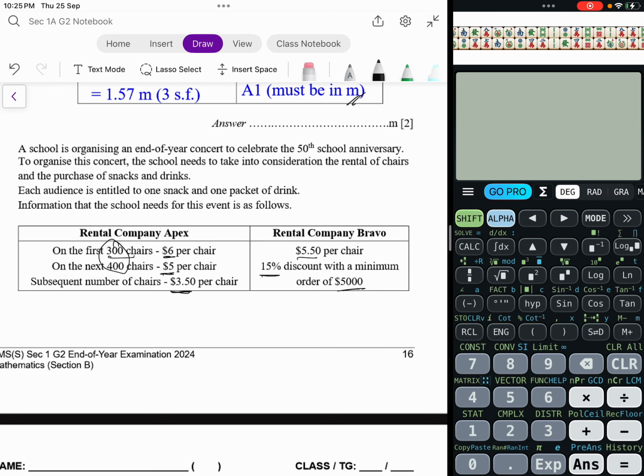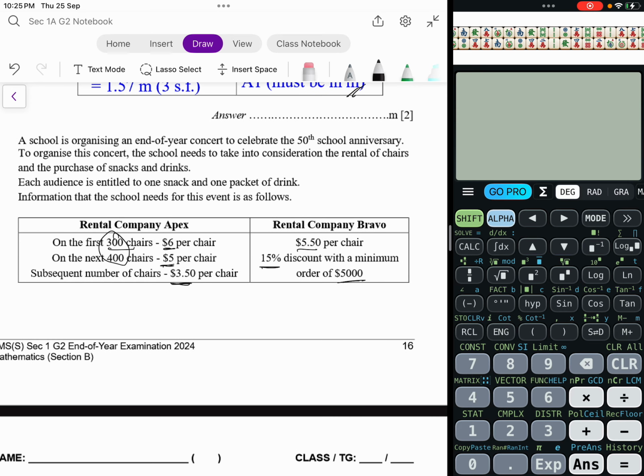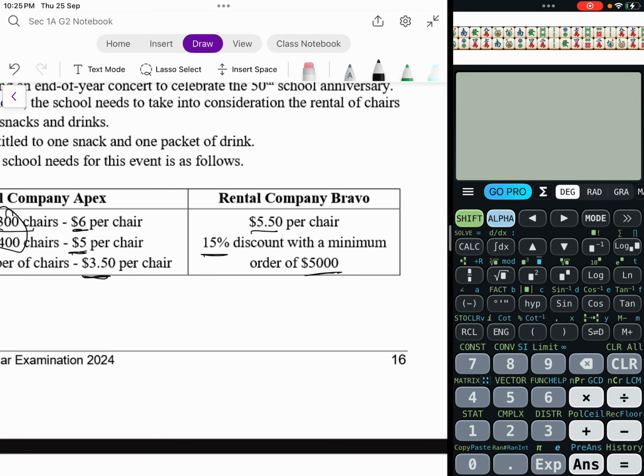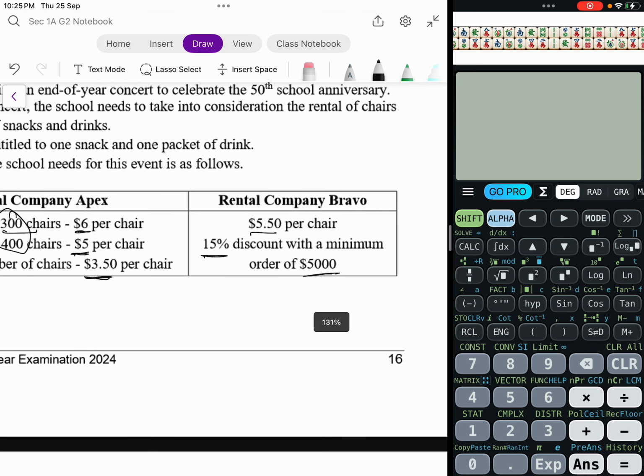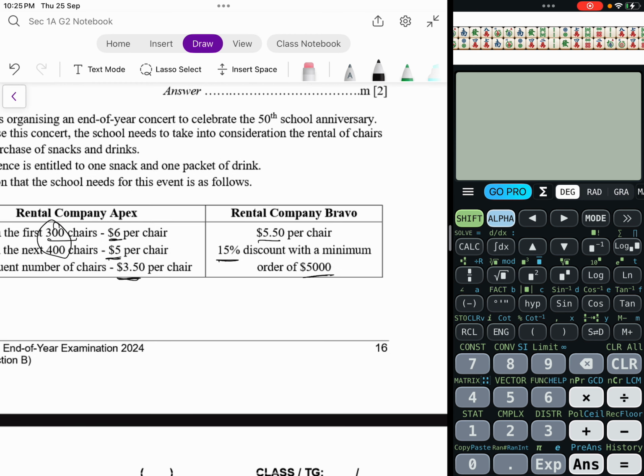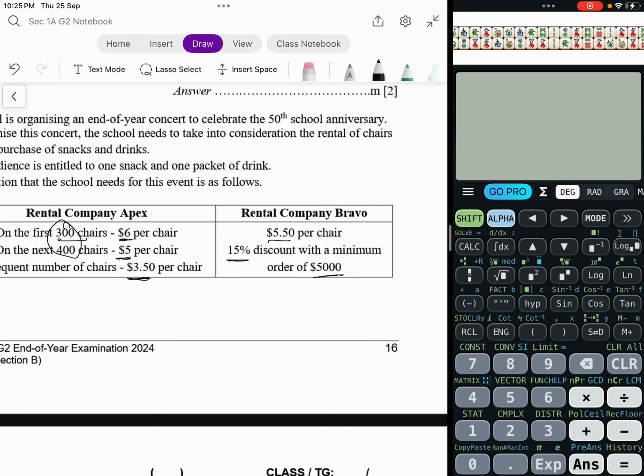So above 700, any additional chairs, they charge 350. Okay, well rental company is 350 per chair. 15.5% discount with a minimum order of 5,000. Okay, so as long as you order $5,000 worth of chairs, you get 15% discount.